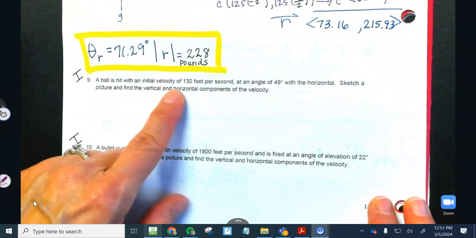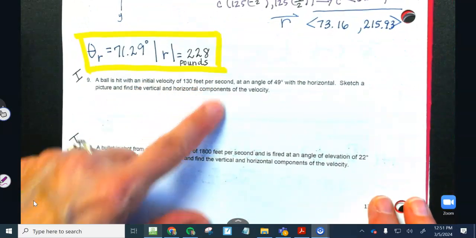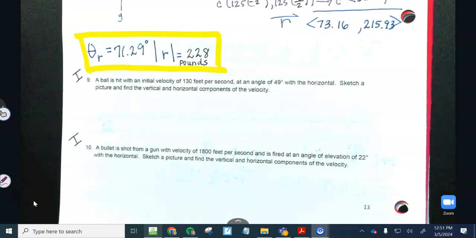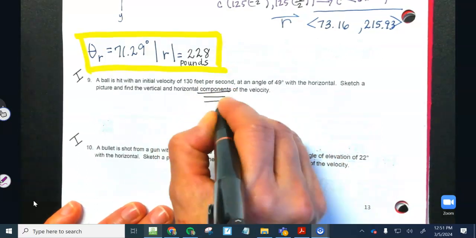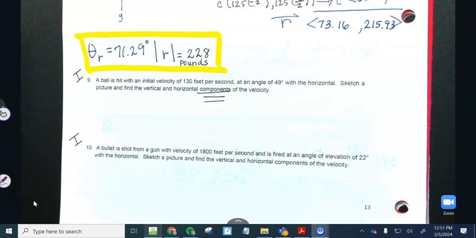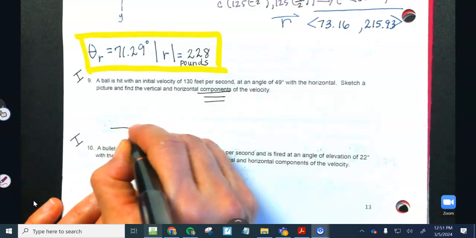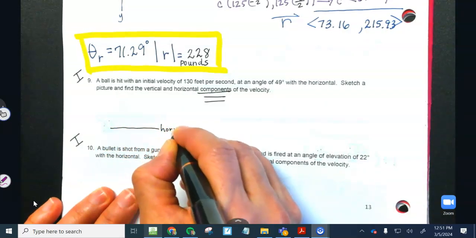A ball is hit with an initial velocity of 130 feet per second at an angle of elevation of 49 degrees with the horizontal. Sketch a picture and find the vertical and the horizontal components. That is key word for component form. Like, there's no second guessing what that means. All right, here's the horizontal.